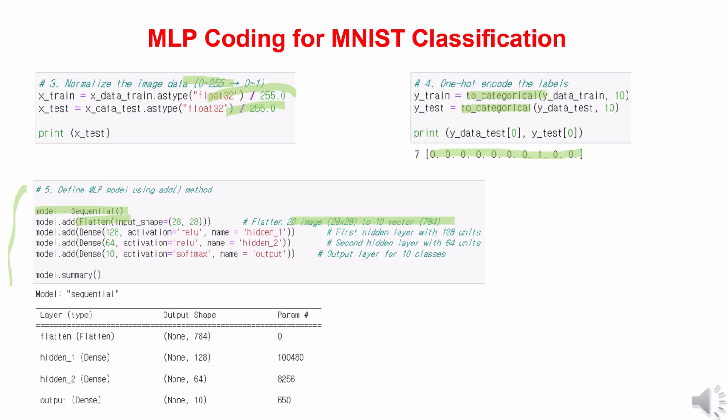The next layer is the first hidden layer, with 128 nodes, using ReLU as the activation function. Then, we add a second hidden layer with 64 nodes, also using ReLU. Finally, the output layer has 10 nodes, one for each digit from 0 to 9, and uses the softmax function to output a probability distribution. You can check the model structure and the number of parameters in each layer using the model summary command.